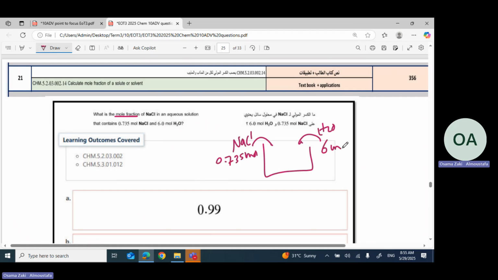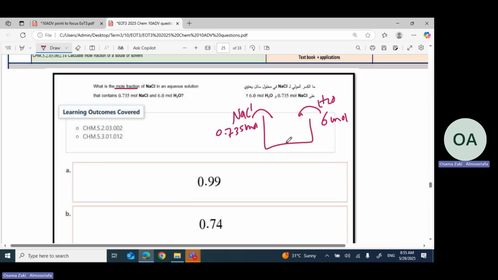H2O is 6 moles. Okay, so if you add them here, you will get 0.735 moles of NaCl plus 6 moles of H2O.